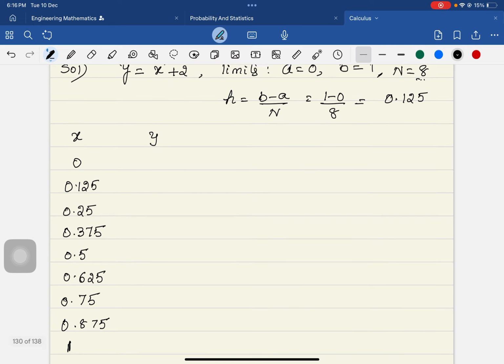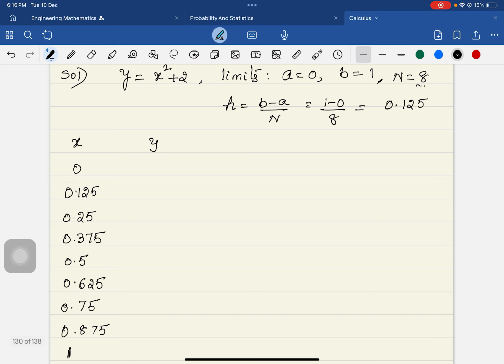Now we will find the values one by one. y here is given by x square plus 2.